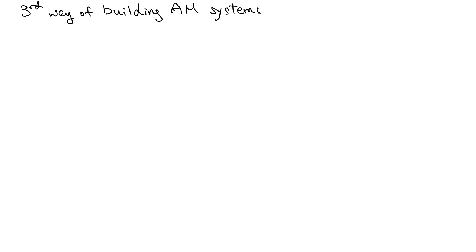This third way of building an AM system, the name is hard to understand until maybe after the midterm. So for now, I will need you to just memorize this name: quadrature amplitude modulation, QAM.